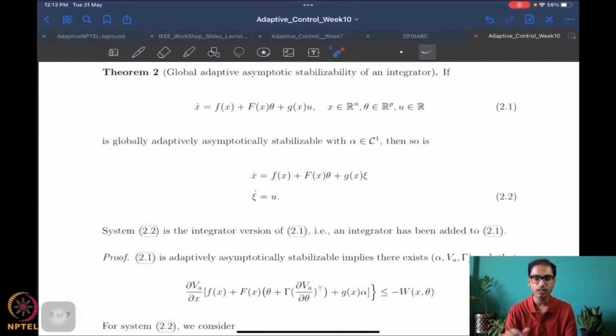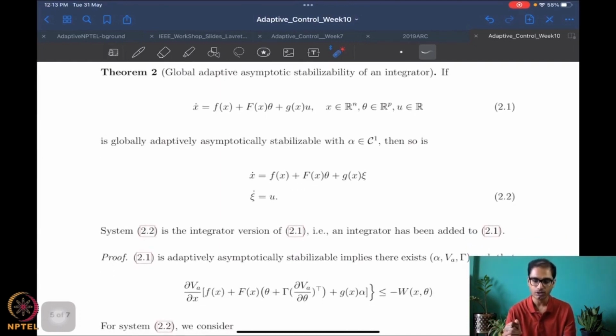There's nothing new here in the structure. So this is what we want to prove: that if I'm given that this is globally, adaptively, asymptotically stabilizable, then I want to claim that this is also globally, adaptively, asymptotically stabilizable. All right. So let's look at the proof.